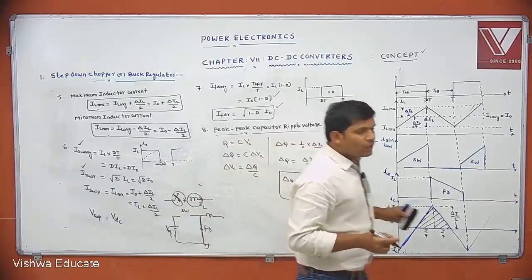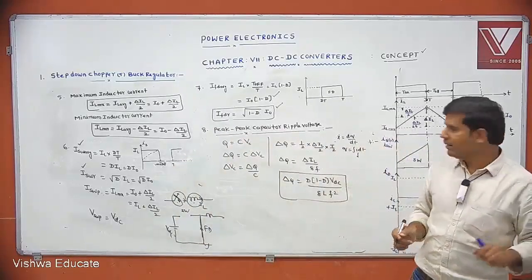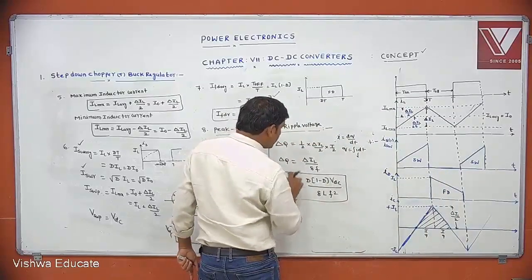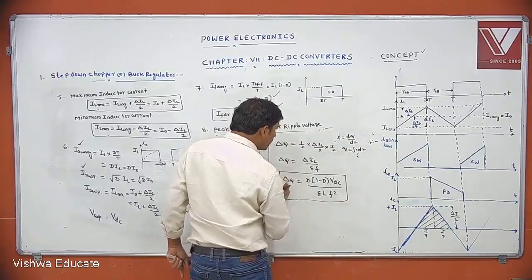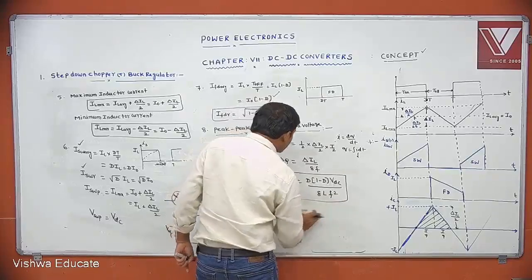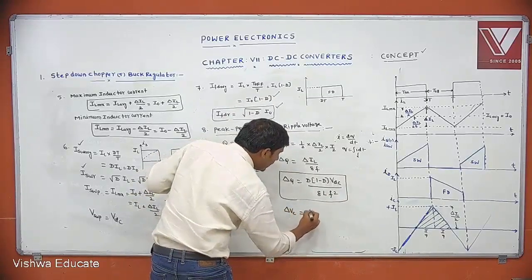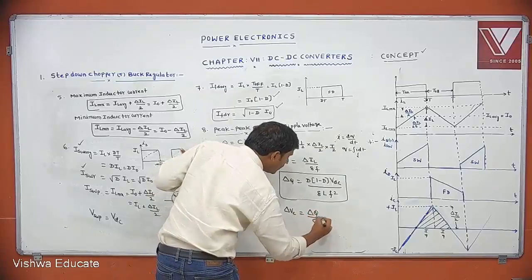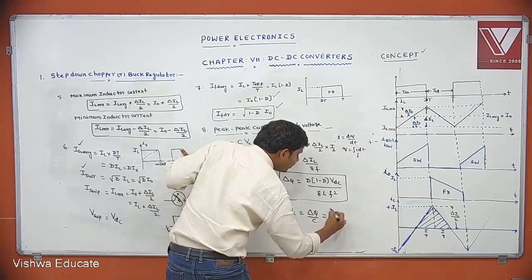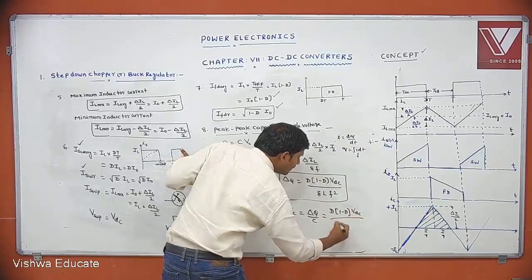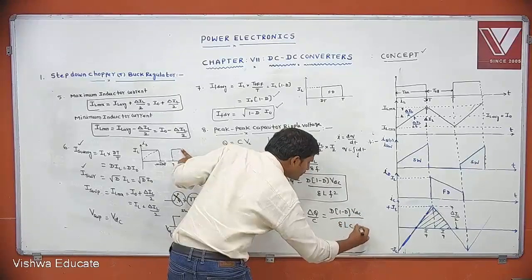This is delta Q, but you want to calculate delta VC. What is delta VC equal to? Delta Q by C. That is D into 1 minus D into VDC by 8 LC F square.